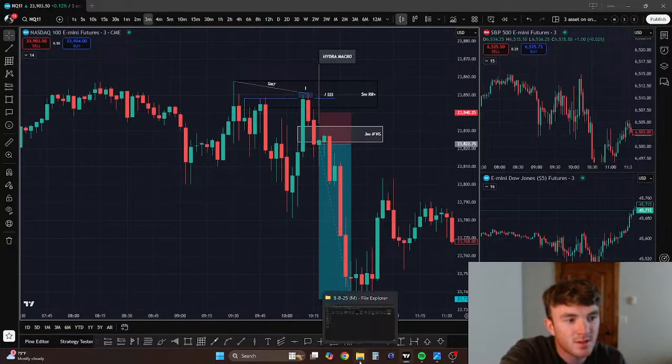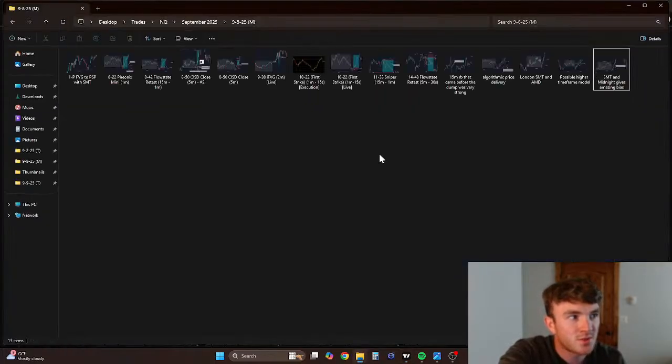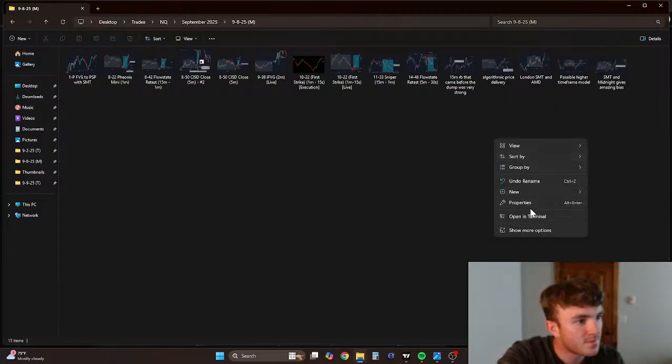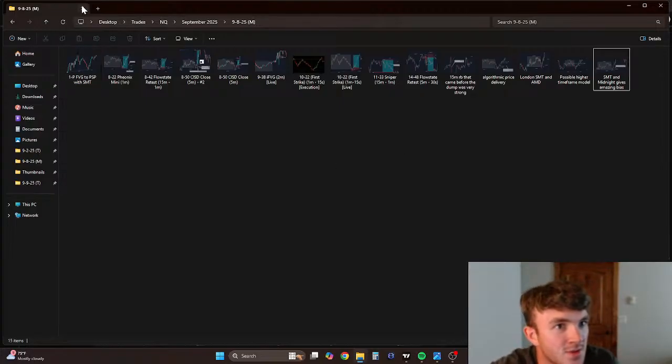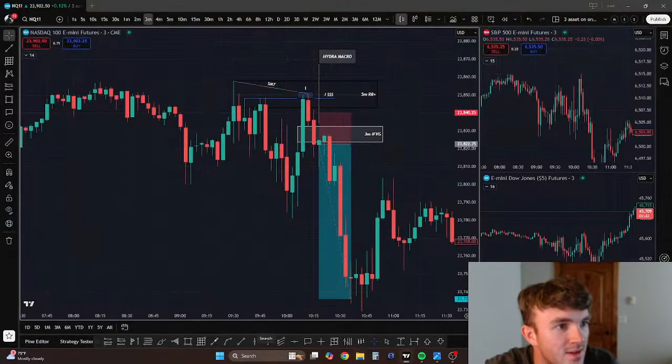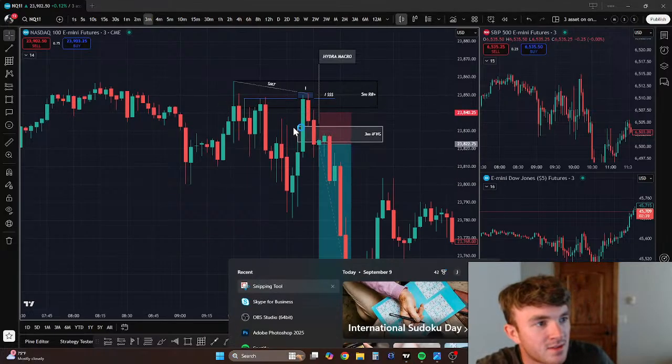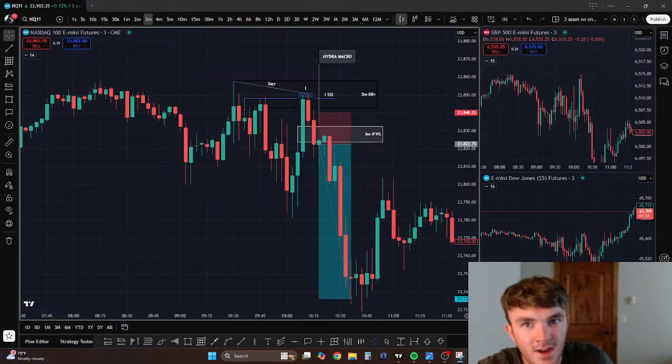It's on my clipboard. Maybe I can do Control V. See, I don't know how to do that is the only issue. Otherwise, I would do it like that, but I don't know how to save it to my files.